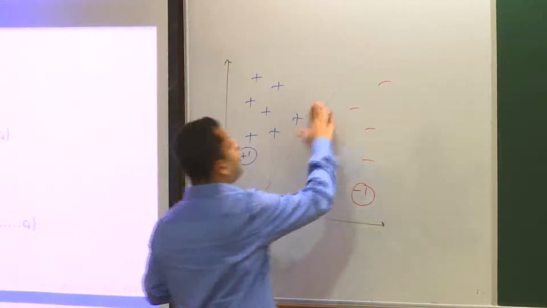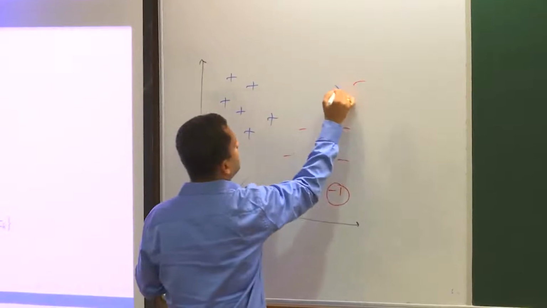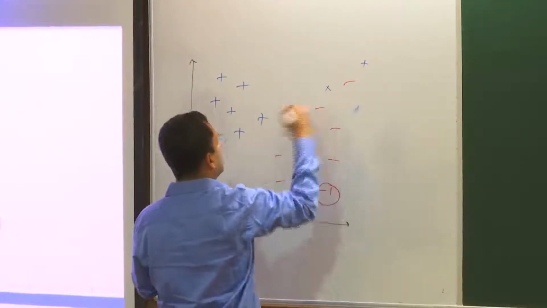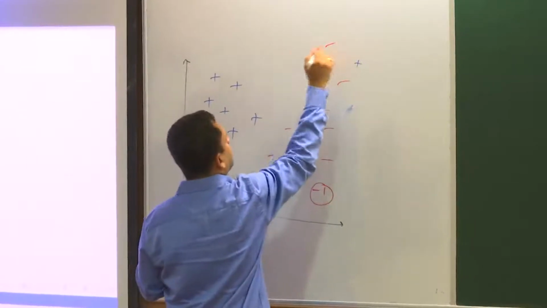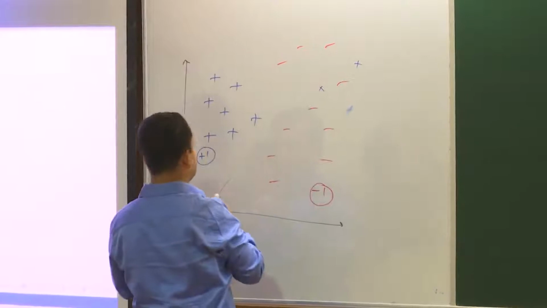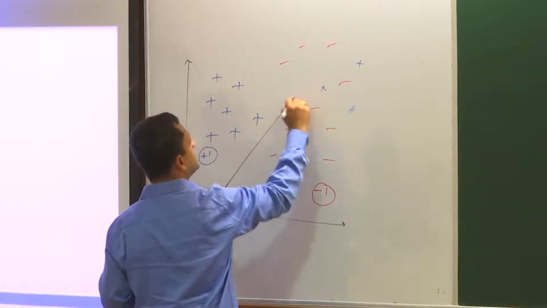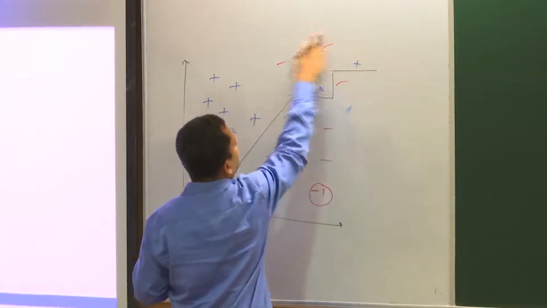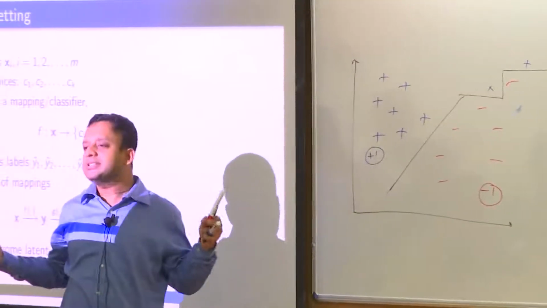That's something we'll develop upon. So you could have also had points like this, not completely linearly separable, but for example, you could develop piecewise linear separators. Let's erase these. You could have separators such as these.